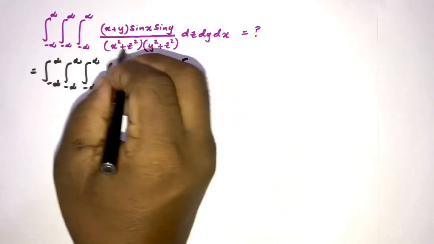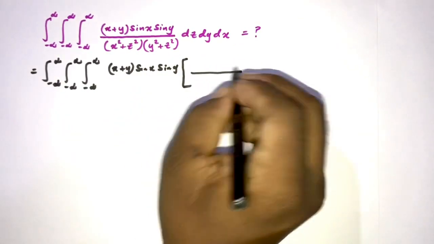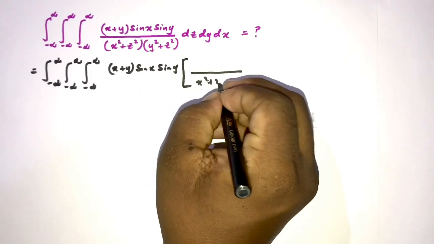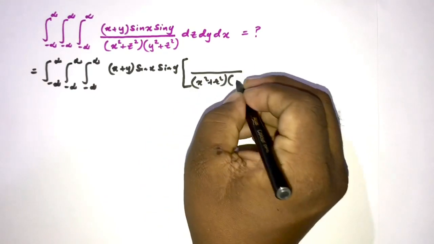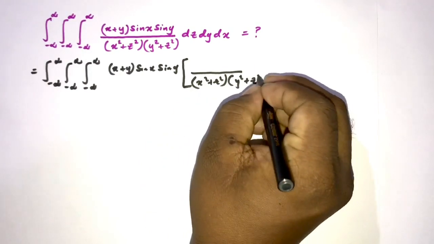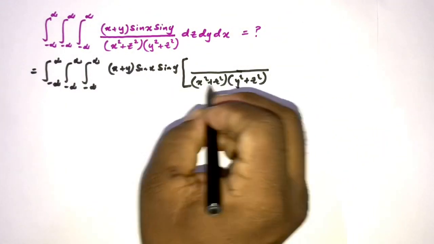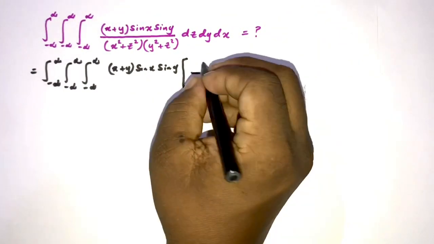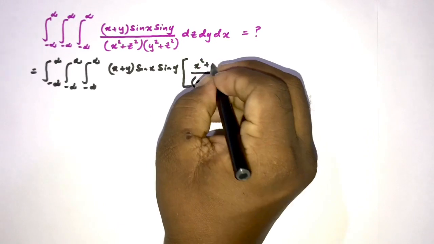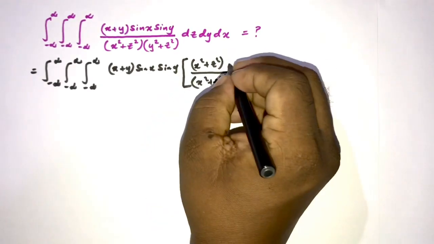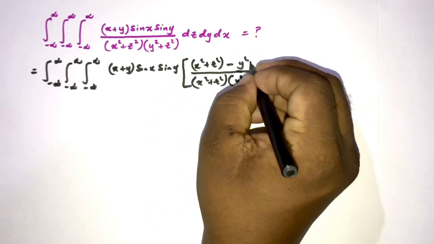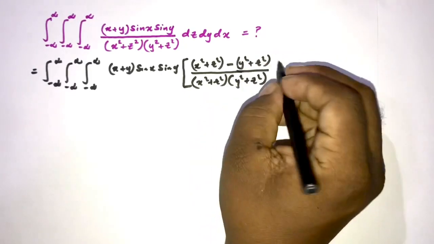I am going to take this denominator and subtract these two terms. So here we have x square plus z square minus y square plus z square.